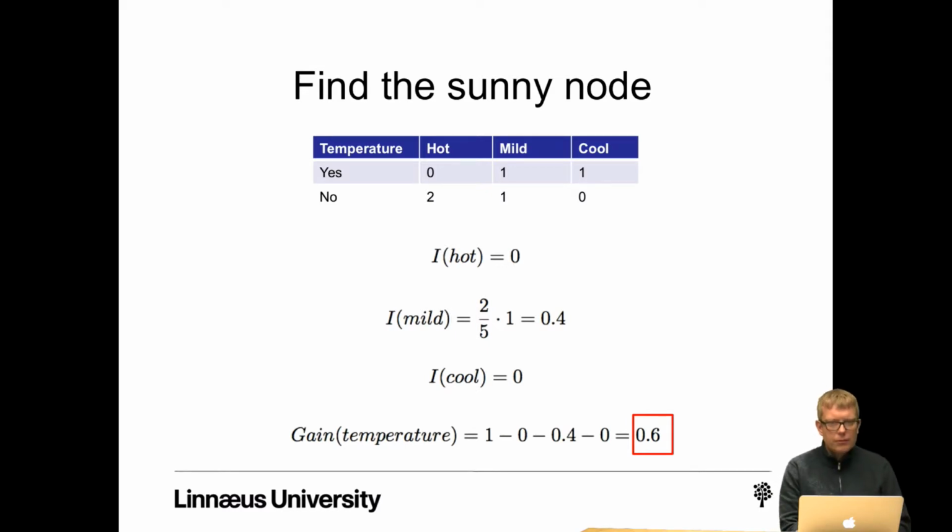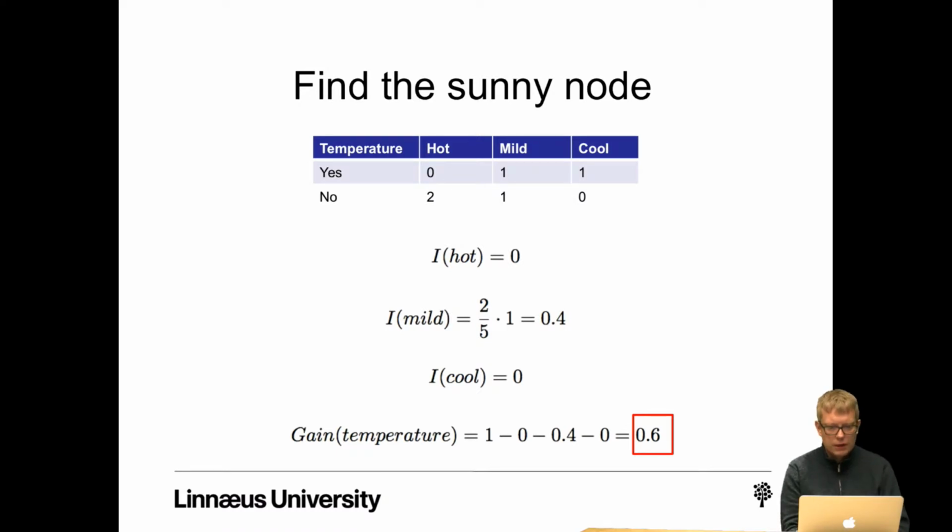Temperature is the first attribute. We have already looked at the overcast attribute, so we can skip that. Now we need to look at the remaining attributes, and the first one is temperature. It can be hot, mild and cool, and we put in the frequencies here. Temperature hot is 0 in yes and twice in the no category.